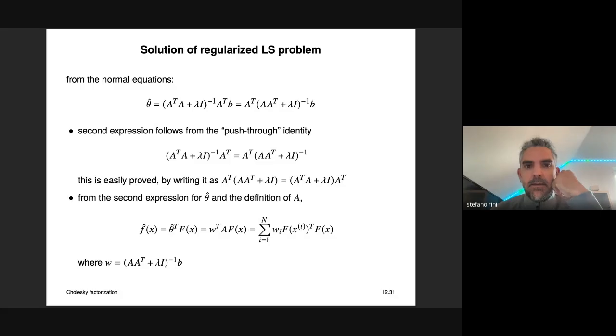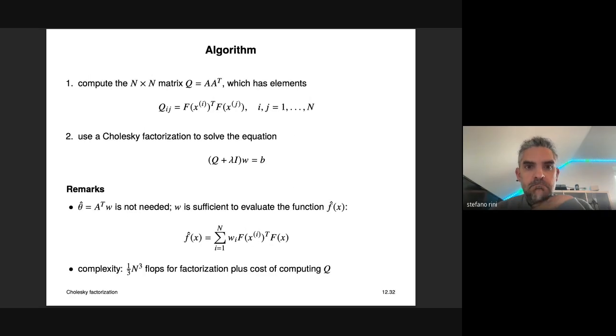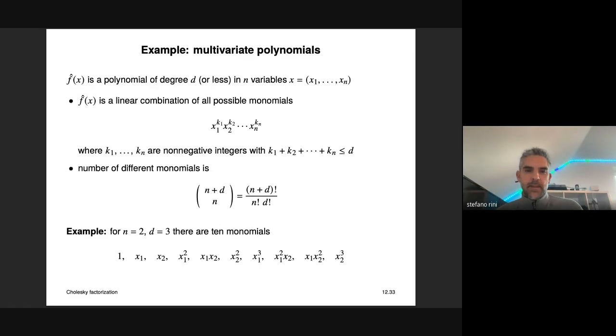What happens next? We can find a solution using the regularized least squares problem with this A to the minus 1. And then we want an algorithm to find these entries. So we define Q to be equal to A times A transpose, and then we do the Cholesky factorization for this. This gives us an efficient algorithm for computing this.